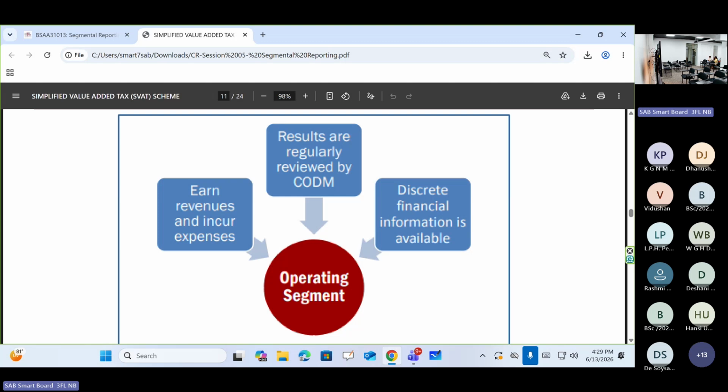Out of these four, sometimes I give 5, and out of 5 you are supposed to select 3 of them, earning 30 marks. That's a selection. That's the format of the paper.